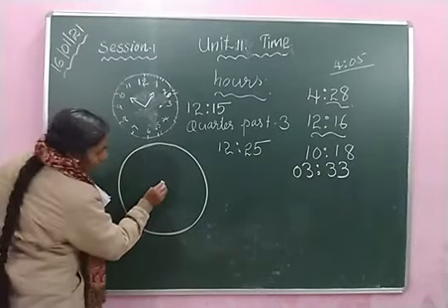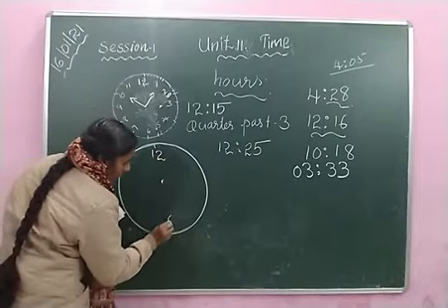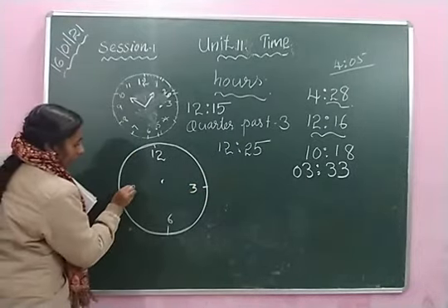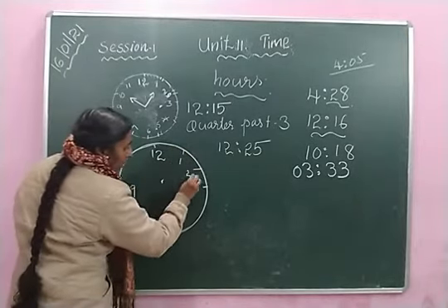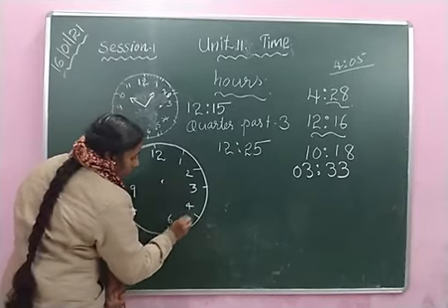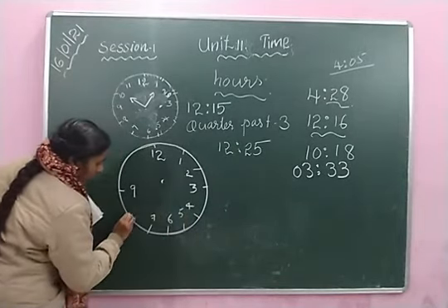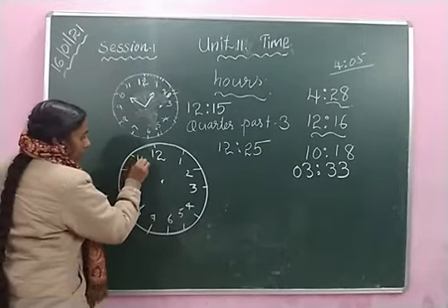Here 12, 6, 3 and 9, and 1, 2, 4, 5, 7, 8, 10, 11.